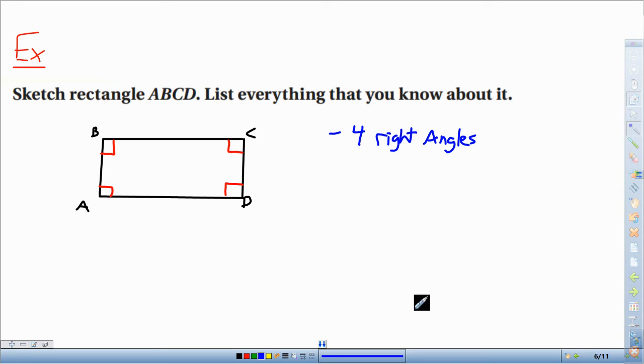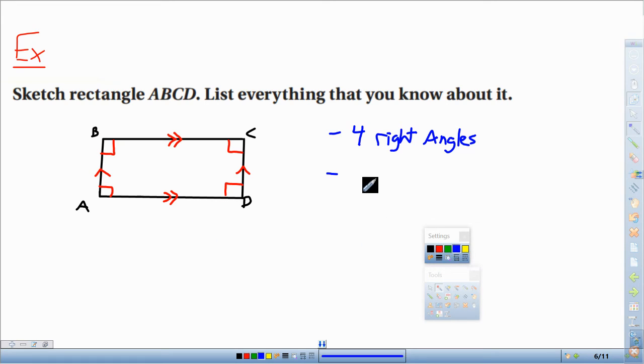What else do we know about rectangles? Let's stay on the idea of angles. We also know that since this thing is a parallelogram, which, by the way, means opposite sides are parallel. Let's start there, and let's show that on your shape.